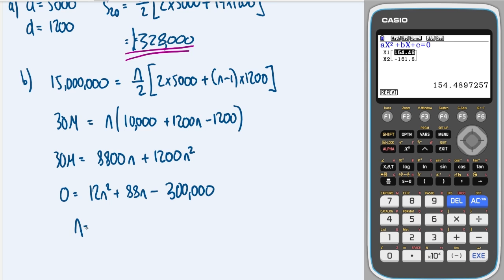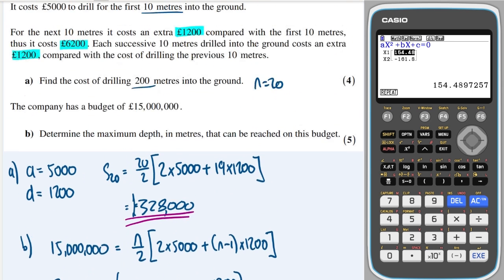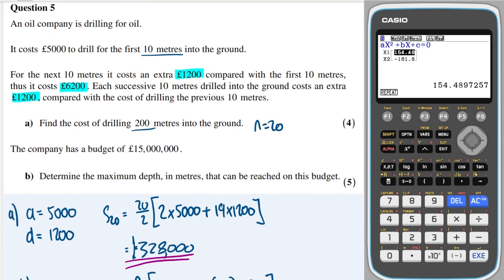So n is equal to 154.5. Actually, I'll put 0.49. But that doesn't seem right because we already know that they can drill 200 meters for only 300k, but that's because n we took for every 10 meters.